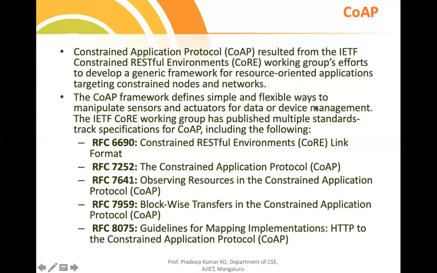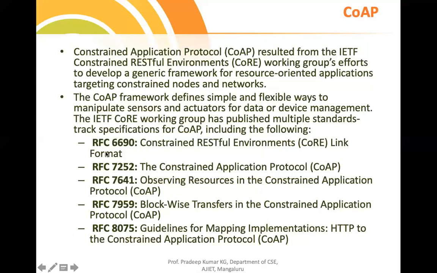So how do we manage to collect those frameworks? For that, we have the IETF CoRE working group. The IETF CoRE working group set some standards and specifications for CoAP.